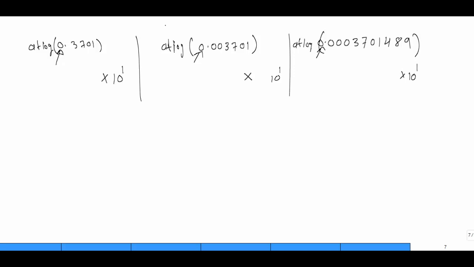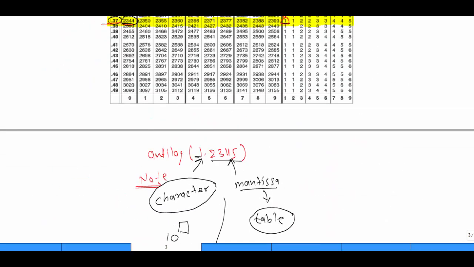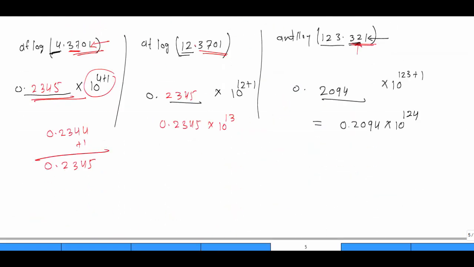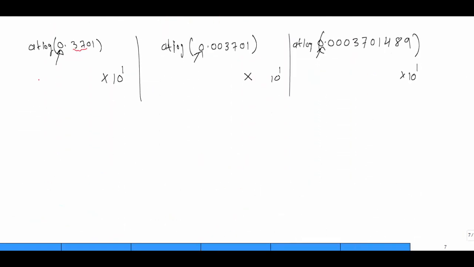Now after this, if you notice, in this case it is 37. So we look in the table for 370. That we did earlier: it is 0.2344, and the mean difference is 1, so you'll get the total value 2345. So you'll get the answer 0.2345 into 10 raised to 1.